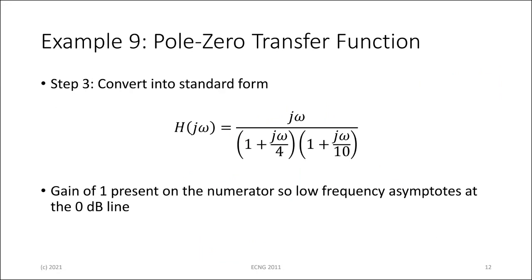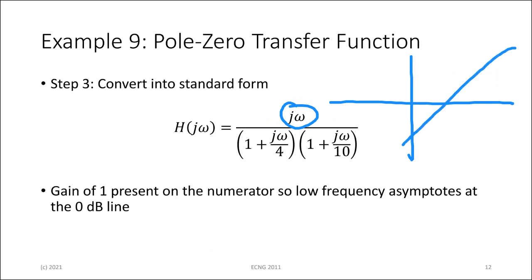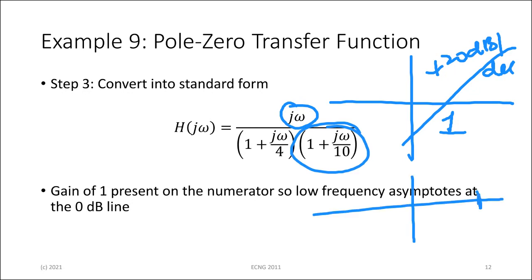That a simple zero, the frequency response of a zero, passes through omega equal to 1, and the slope is plus 20 dB per decade. And the poles, in this case, this pole at the corner frequency, which is 10 for this one: below 10, when omega is much less than 10, the transfer function is essentially just 1. So log of 1 is 0. And when omega is much greater than 10, the transfer function is basically omega over 10, which is a pole that decreases at minus 20 dB per decade.